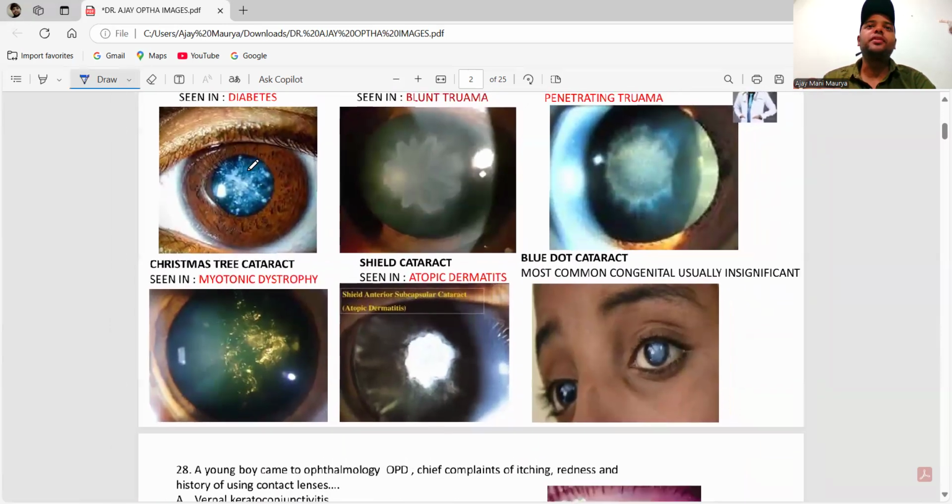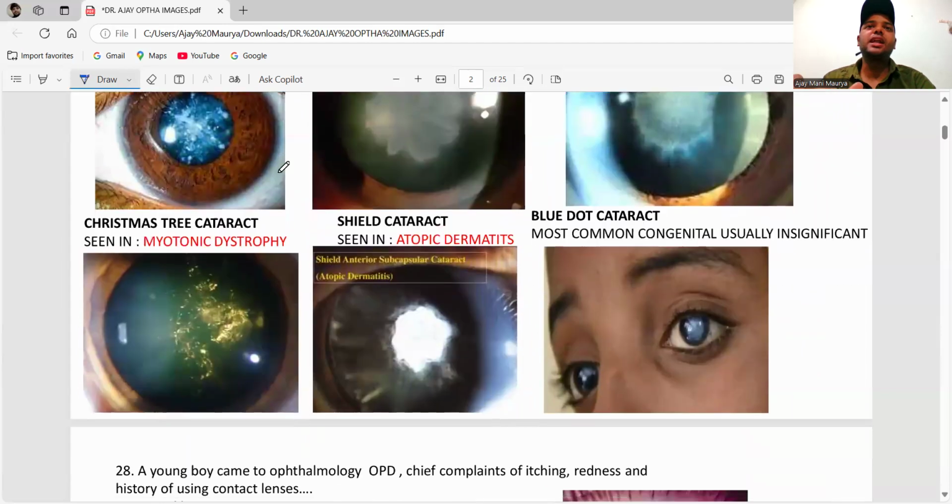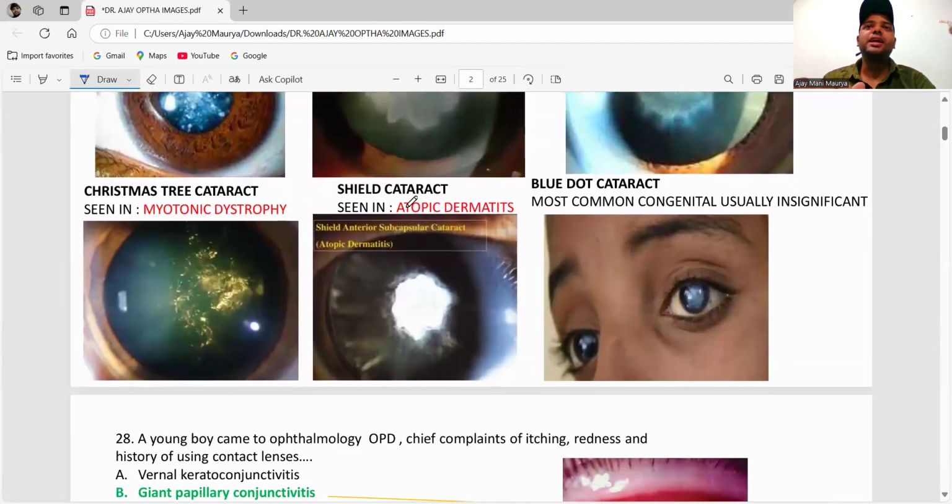Next one is the shield cataract, seen in atopic dermatitis. The blue dot cataract is the most common congenital cataract, usually insignificant.